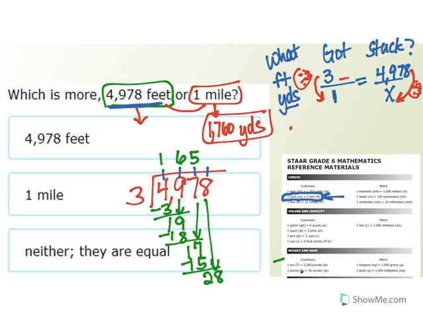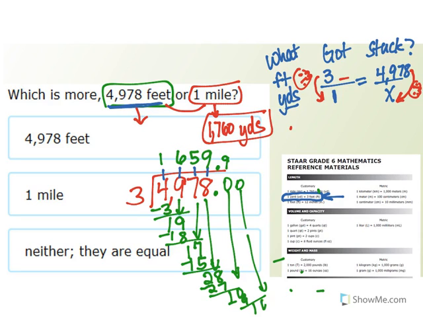And 3 can go into 28 9 times. I have a remainder of 1. All right, but we don't have remainders, so we know it's going to be a decimal. 3 can go into 10 3 times, and you're going to see that it repeats.